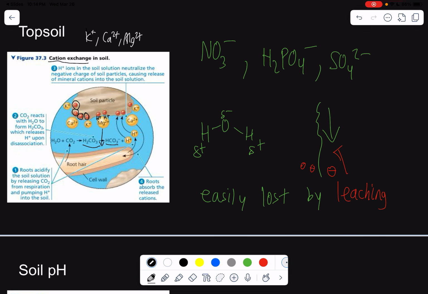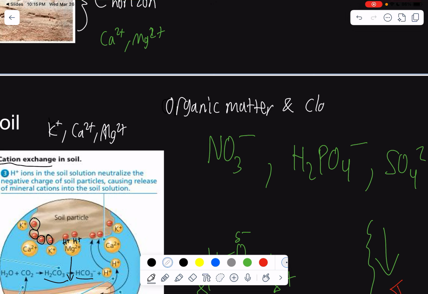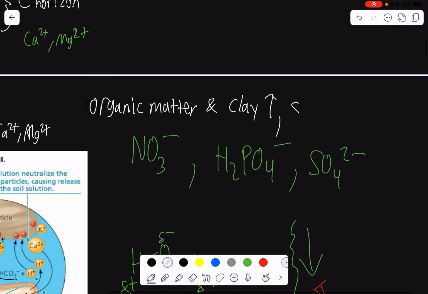So as your organic matter and clay concentration increase, your soil pH will, or sorry, not your pH, but the cation exchange capacity will also increase because of that high surface area to volume ratio of clay content.